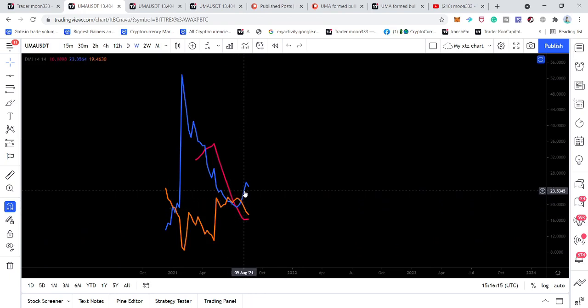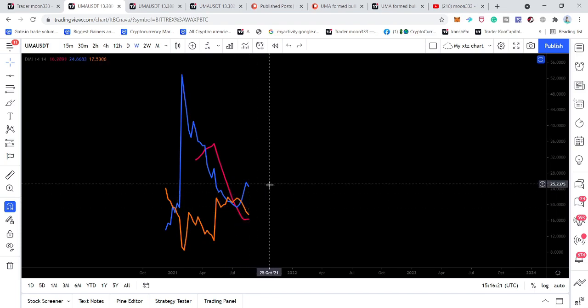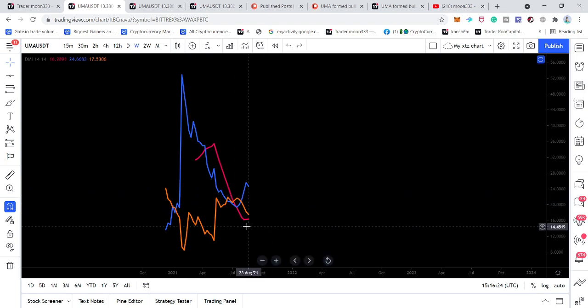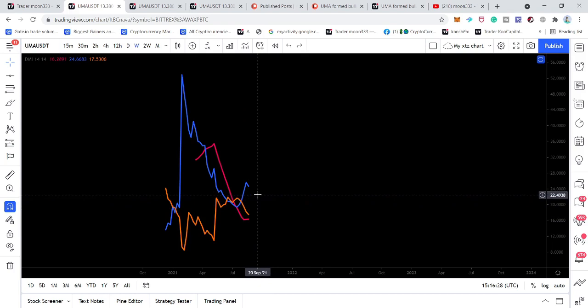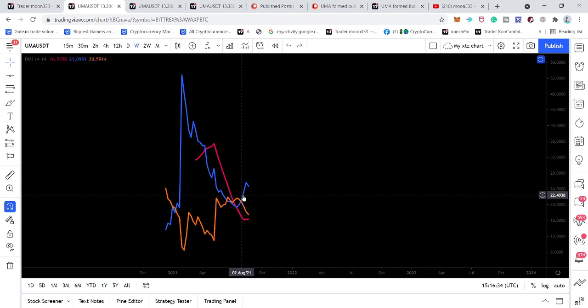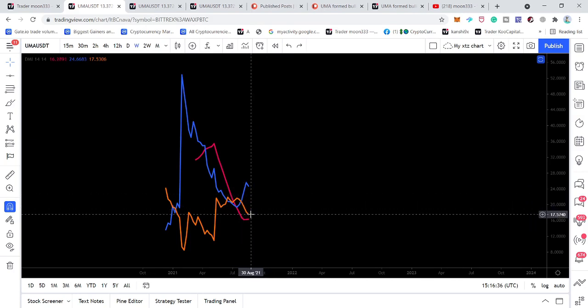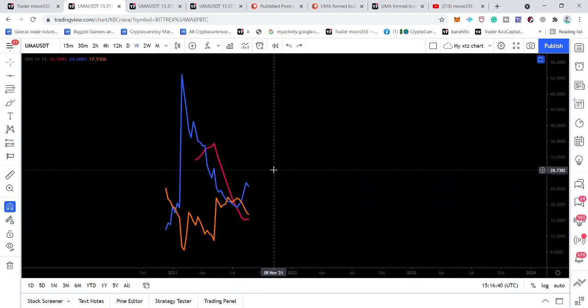The positive directional index has crossed up the negative directional index, and once this ADX moves up, that will be showing the power of buyers, because whenever we have this orange line above the blue line and ADX moves up, that shows the power of sellers or bears. Right now we have this blue line above this orange line.